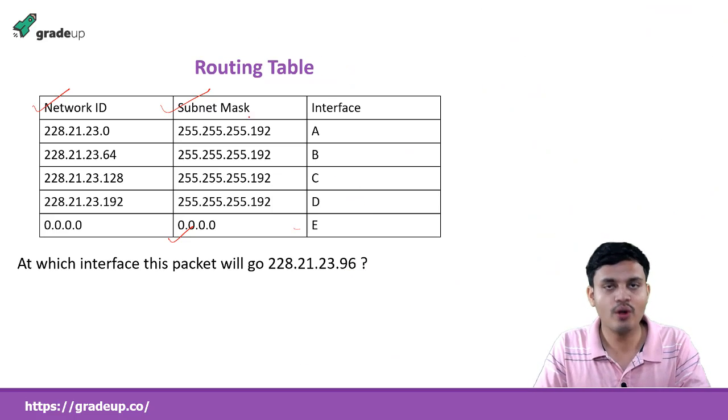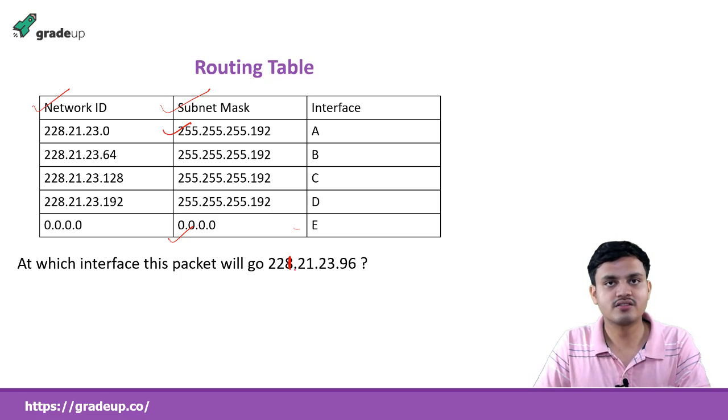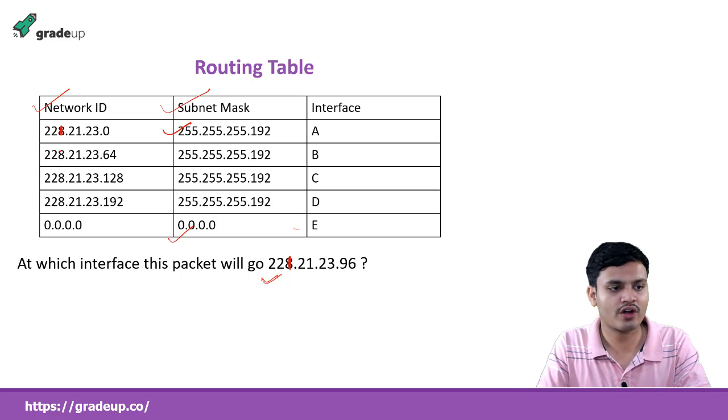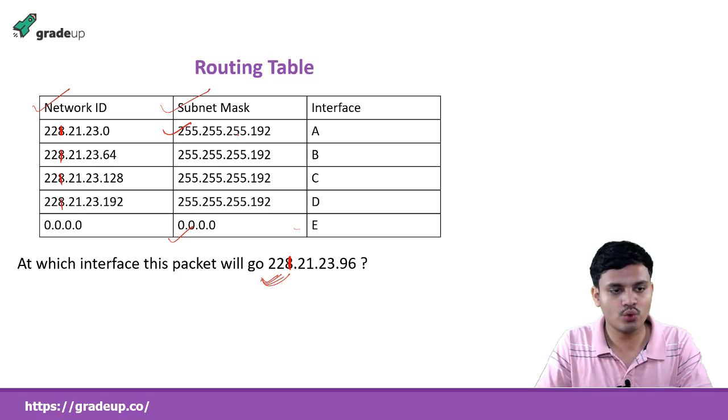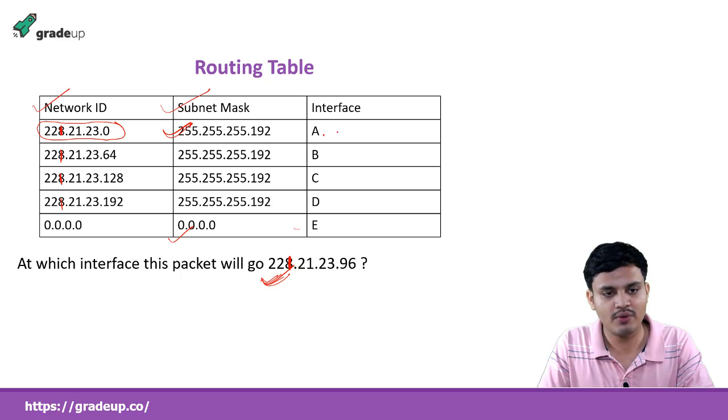So how is it going to use the routing table? This is the subnet mask, and suppose this is one, you will be getting this address. Now all of these here are one, because I already told you that class D is for multicasting and we use class C, all of this is one. So now this is the network, we are going to take the ANDing of this and see whether we are getting the same network ID. If we get the same network ID or subnet ID, then we will pass it to the same interface.